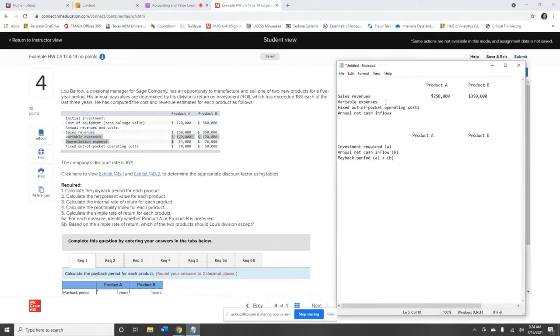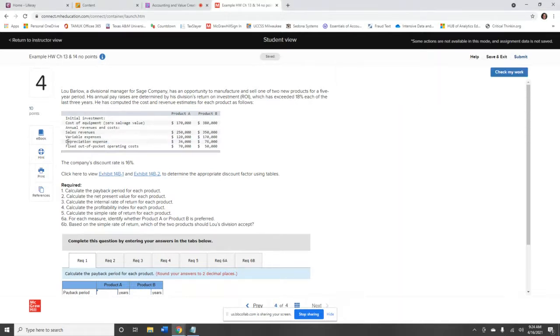Get this back up here. And of course those are flowing out, so I'm going to put those in brackets so that you know that. Obviously, you're just going to type in the answer, so you can do that however you want. And it's variable expenses 170 for product B. Okay, now you'll notice we're skipping depreciation expense.